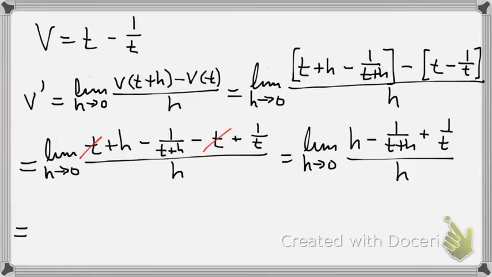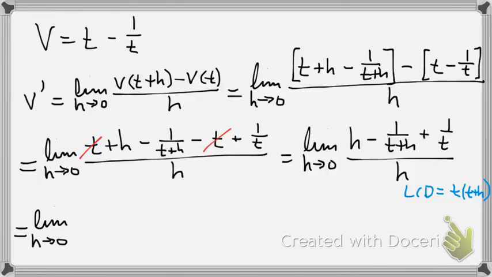LCD. It's a complex fraction, right? These algebra tools wind up showing up in the same places every time, so you guys get an intuition for when to use them. What is your LCD here? t times t plus h. Is everybody okay with that? You get the LCD by looking at the denominators within the complex fraction.